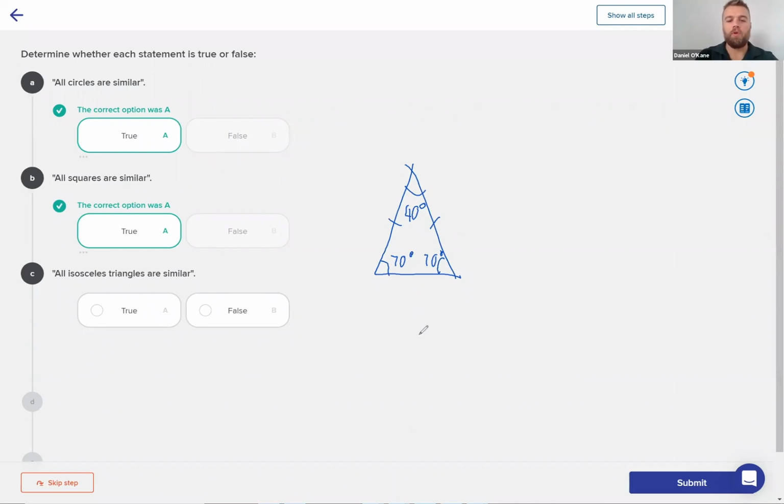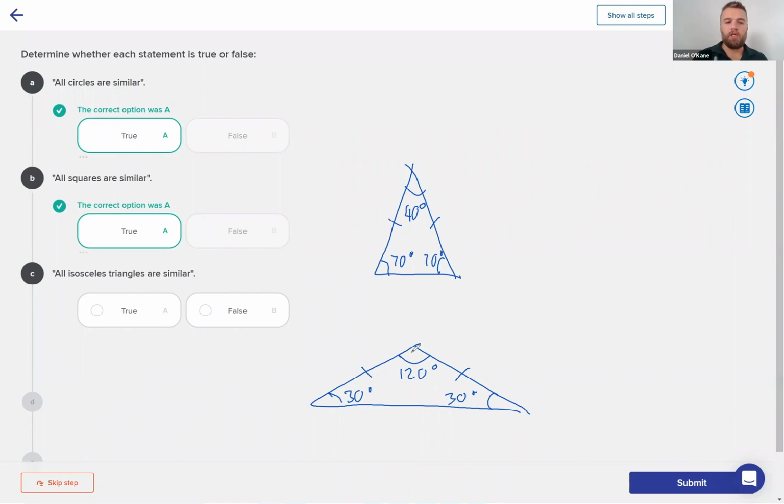I can draw a different type of isosceles triangle, because remember that the definition of isosceles is just the two congruent side lengths, and then those base angles are the same. So I could have 30 degrees, and that could be 120 degrees. So these are not similar triangles.